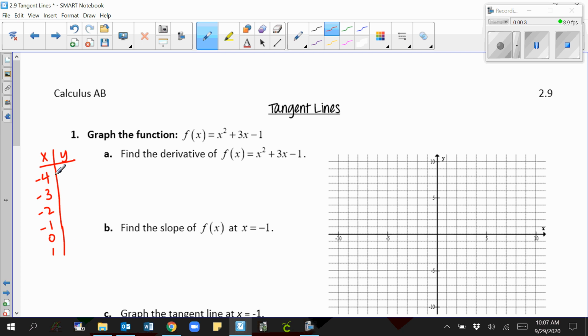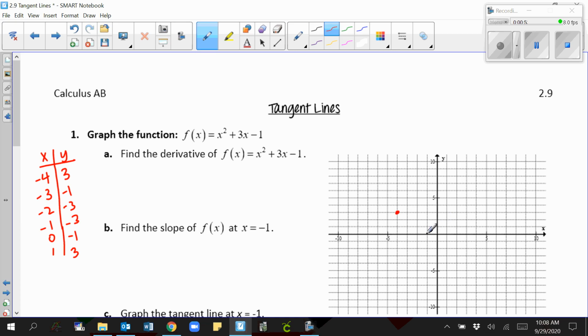And so I got (-4, 3), (-3, -1), (-2, -3), (-1, -3), (0, -1), and (1, 3). So I'm going to come over here and graph all of these. I've got -4, 3.